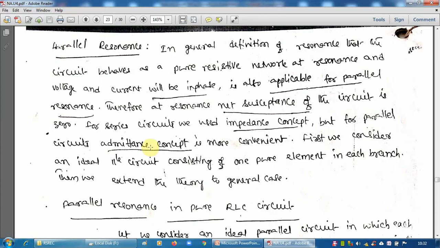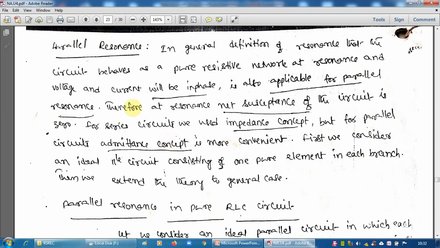The real part is known as conductance, denoted by the letter G, and the imaginary part is known as susceptance, denoted by the letter B. So once again, in impedance, the real and imaginary parts are resistance and reactance, whereas in admittance, they are conductance and susceptance.